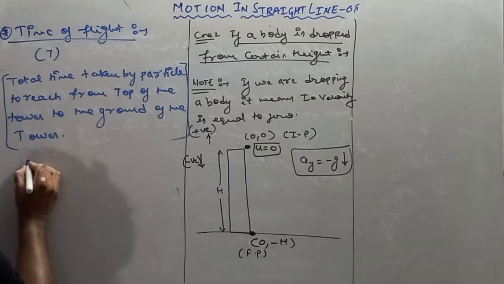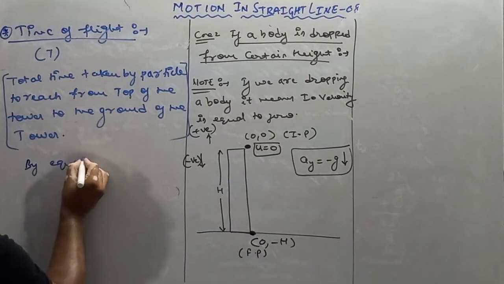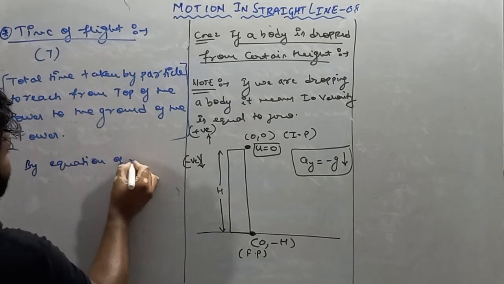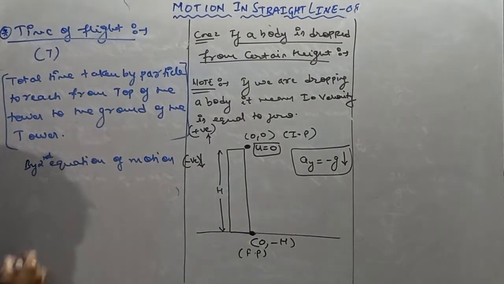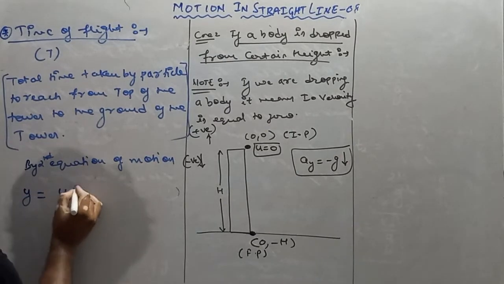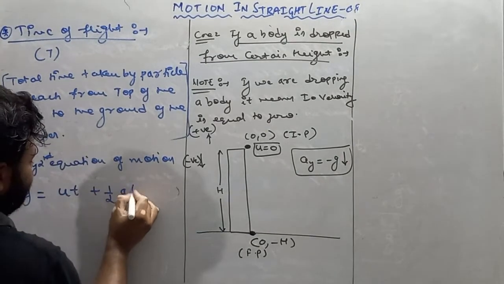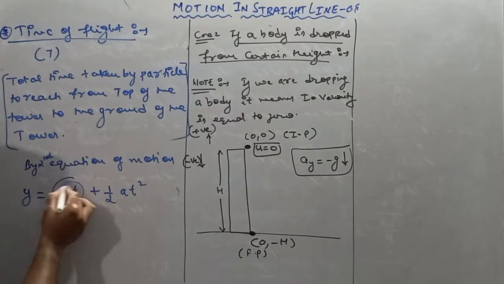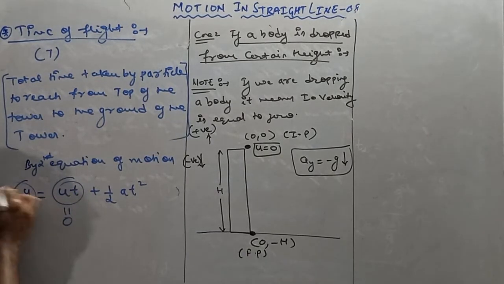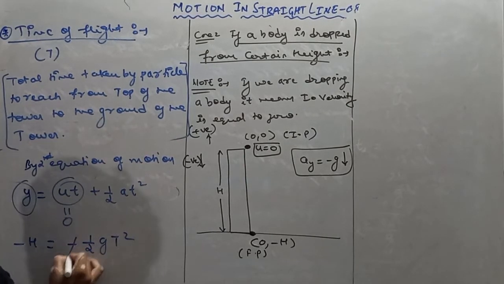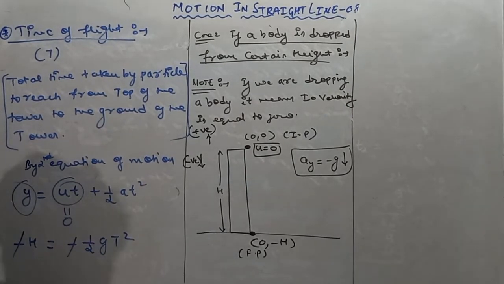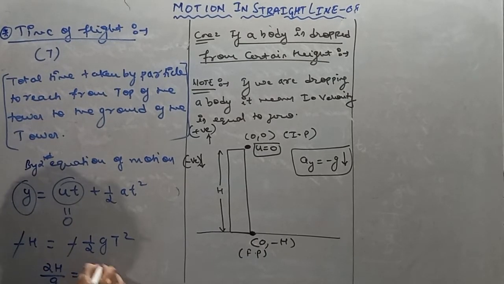Now my dear student, by the equations of motion, I'm using the second equation of motion, which is y equals ut plus half at square. We are dropping, that's why initial velocity is 0. Instead of y, I'll write minus h. So minus h equals minus half gt square, the minus signs cancel, my dear student. It will be 2h by g equals t square.